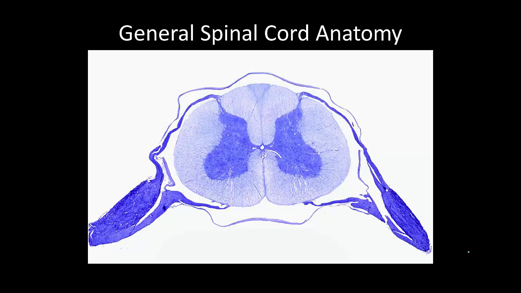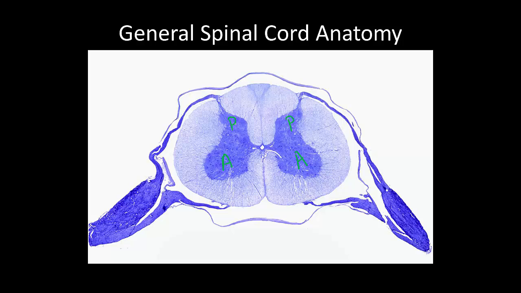Now the internal structure of the spinal cord is made up of this central gray matter that has the characteristic butterfly or H-shaped appearance to it. And this central gray matter can actually be broken down into an anterior horn and a posterior horn.